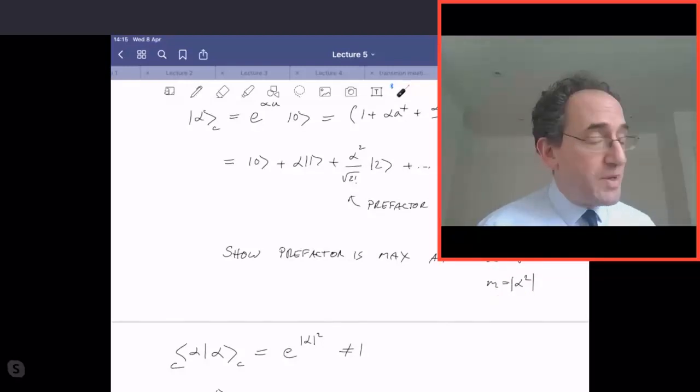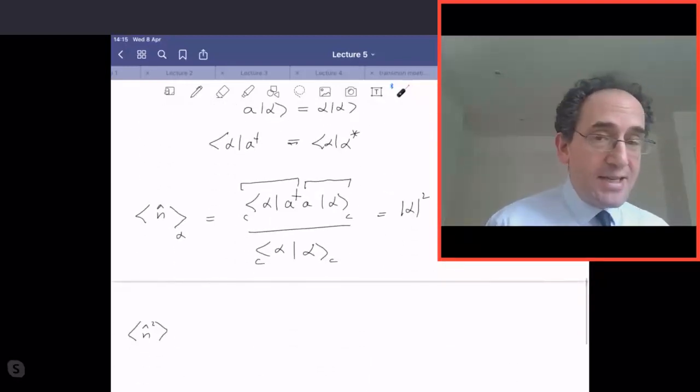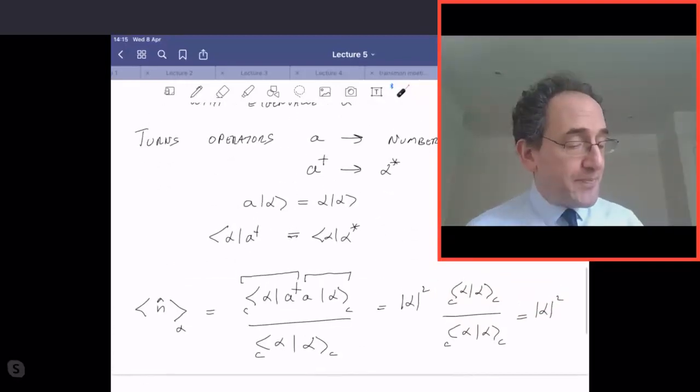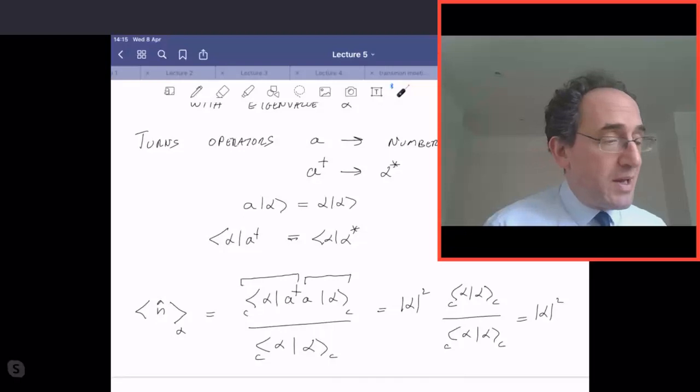So it's not only that n is the most highly represented ket when n equals alpha squared, but the expectation of n is also alpha squared.